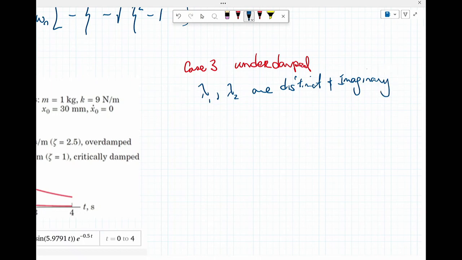So lambda 1 and lambda 2 are both distinct and imaginary. What that does is change the form of your solution to a nightmare.